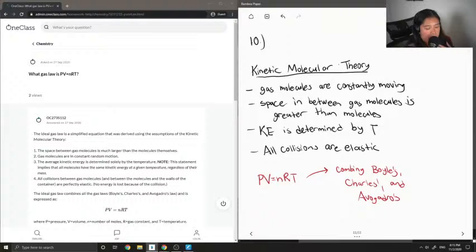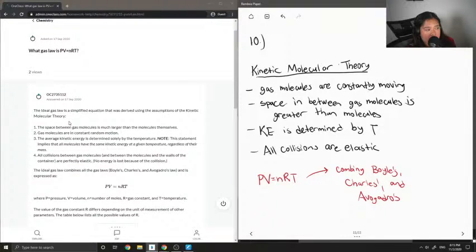I already went over what each of the different variables means, but I'll say it briefly again. It's pressure times volume is equal to number of moles times the gas constant R times temperature. So let's see what our junior tutor said.